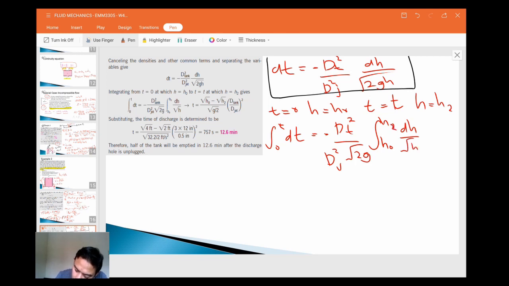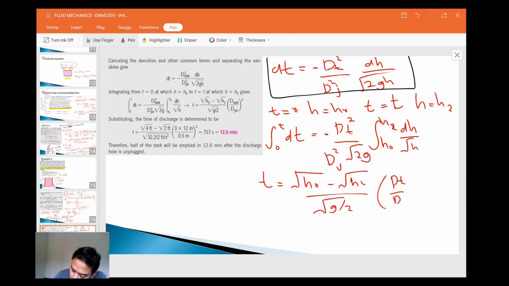So here you will get t is equal to square root of h naught minus square root of h2, divided by square root of g over 2, times d tank divided by d jet, squared.